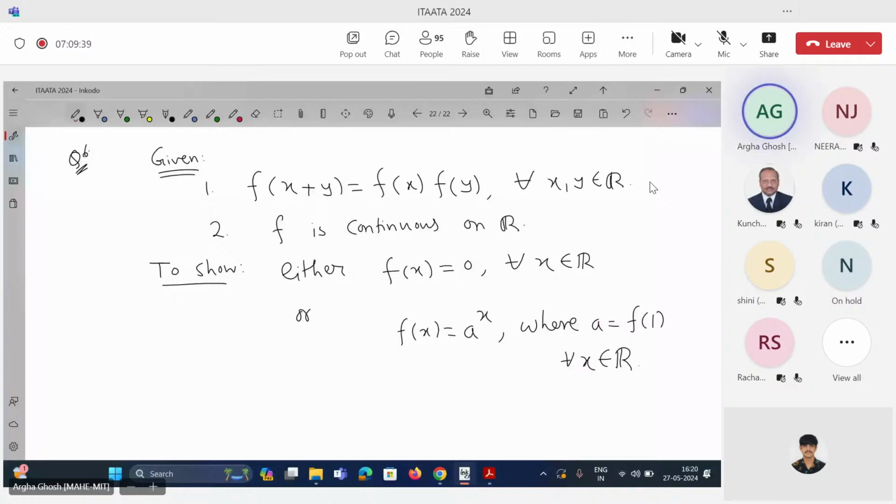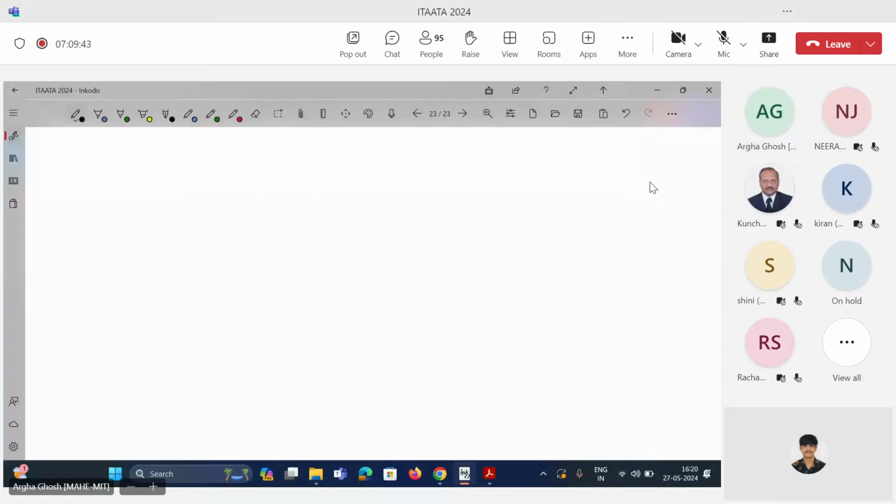Some of you have solved it. So let's see it one by one. First, what we have to see is the value of f of 0. f of 0 plus 0 is f of 0 into f of 0, correct? And f of 0 plus 0 is nothing but f of 0.